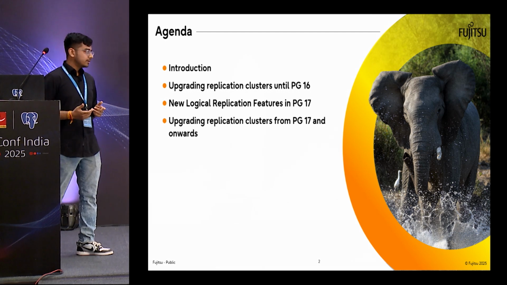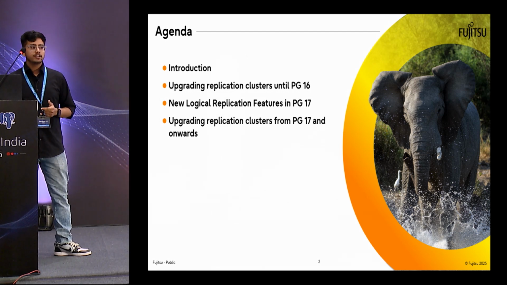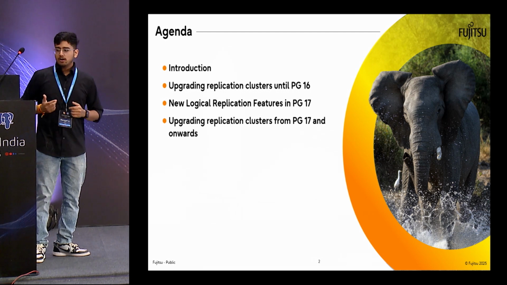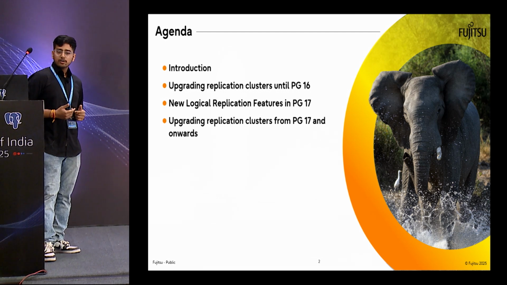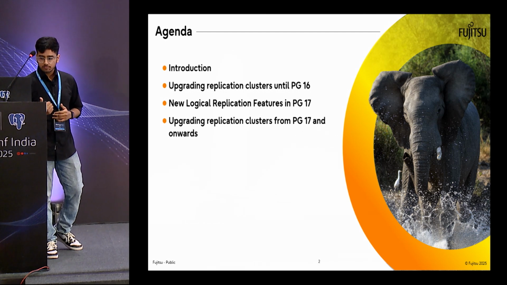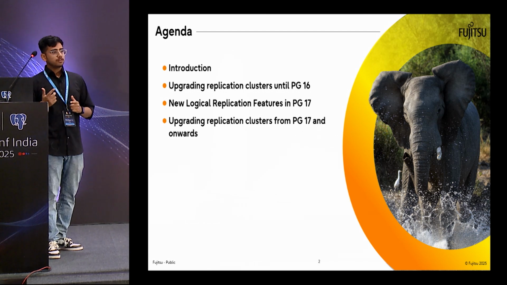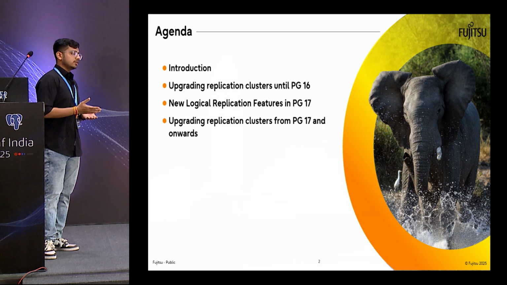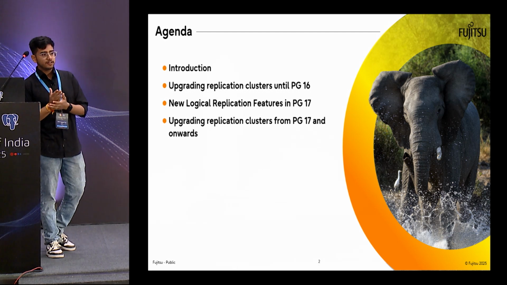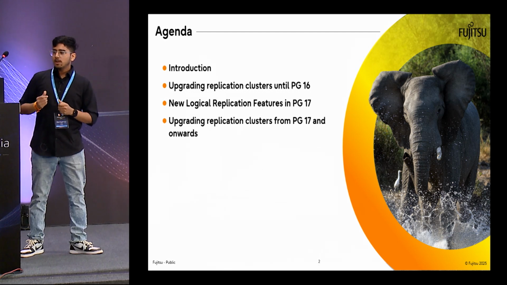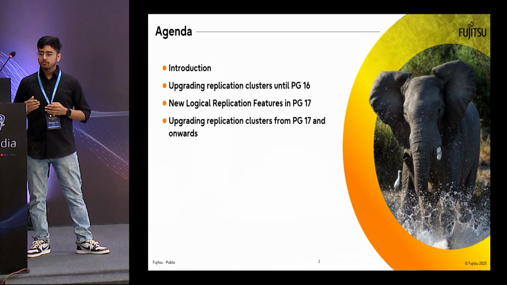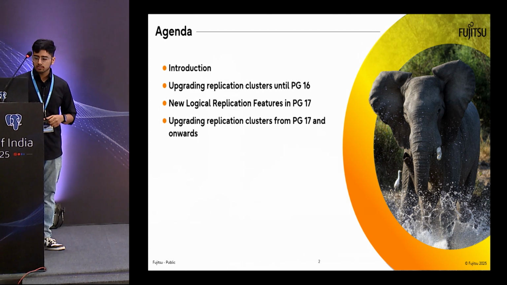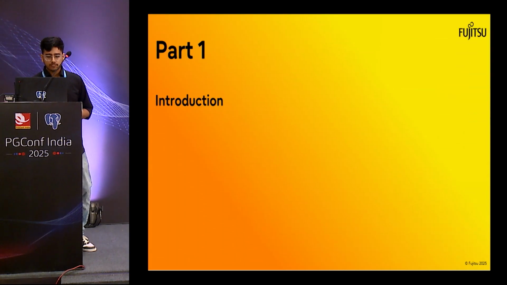Then I will talk about the new logical replication features introduced in PG17. Then I will talk about upgrading the replication cluster for PG17 and onwards. Using the new features introduced in Postgres 17, I will show how it has improved the upgrading of replication clusters. So let's start with the introduction.